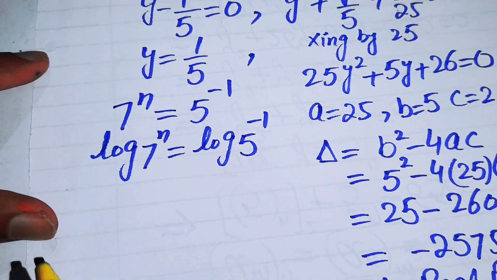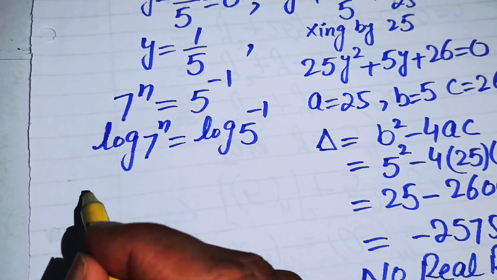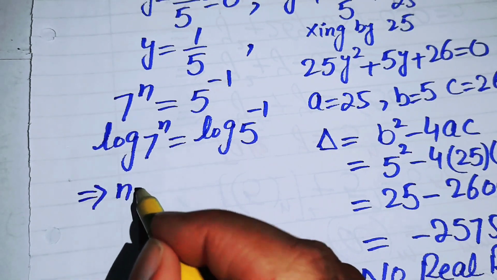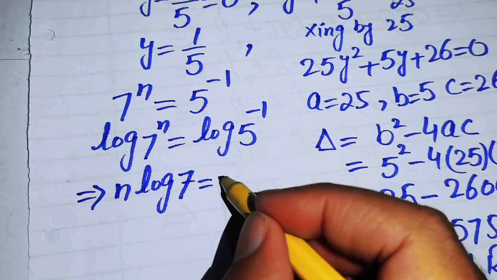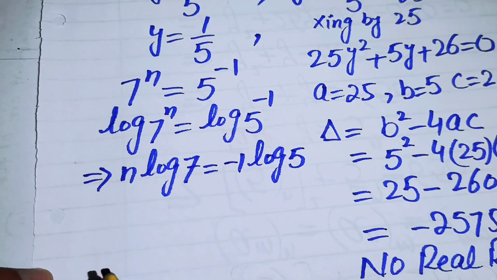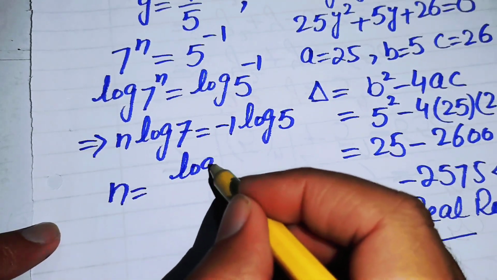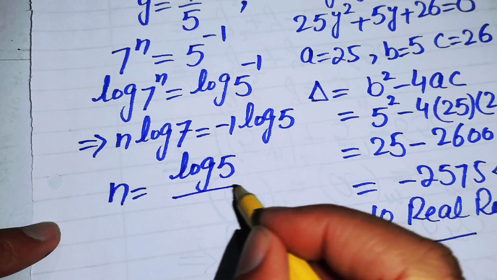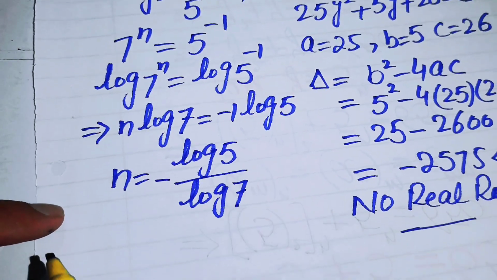Now we can use the property of logarithm, so you can just move this exponent in front of the log and you get n times log 7 equals minus 1 times log 5, and here you have the value of n equals log 5 over log 7, with a negative sign.